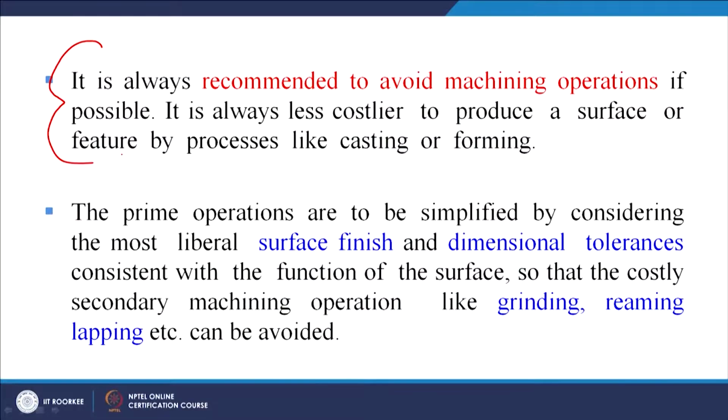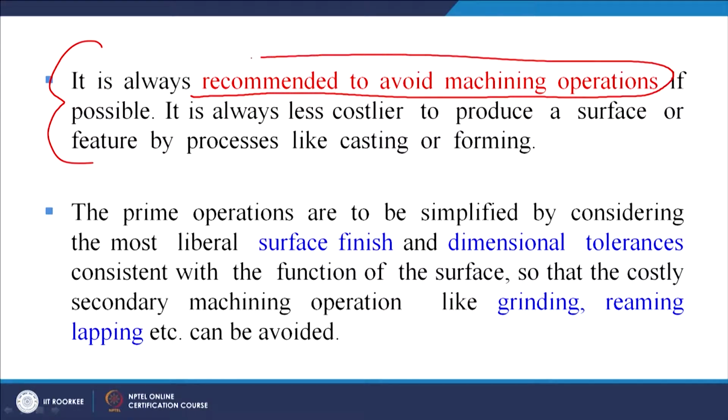Let us see quickly. The first overall objective while proposing the use of machining process is that it is always recommended to avoid the machining operations. So wherever possible, we must try to avoid the machining operations. Why? It is always less costly to produce a surface or feature by processes like casting or forming.